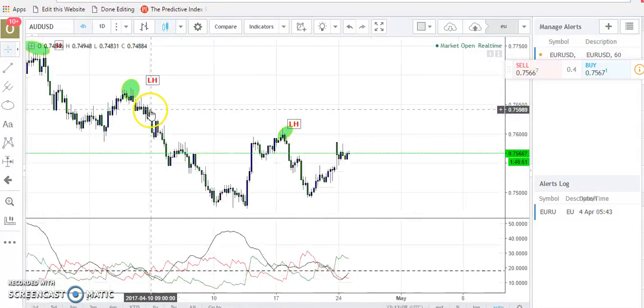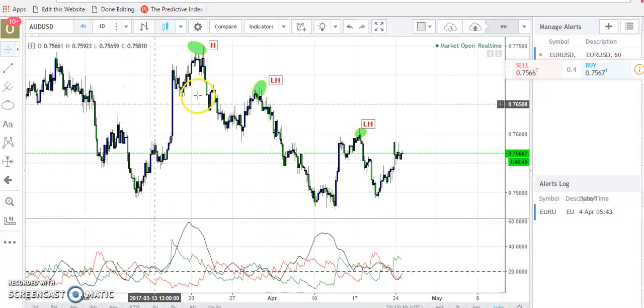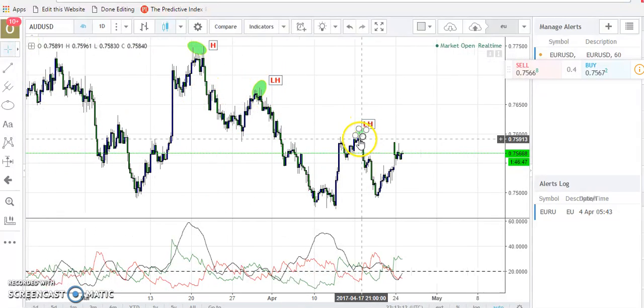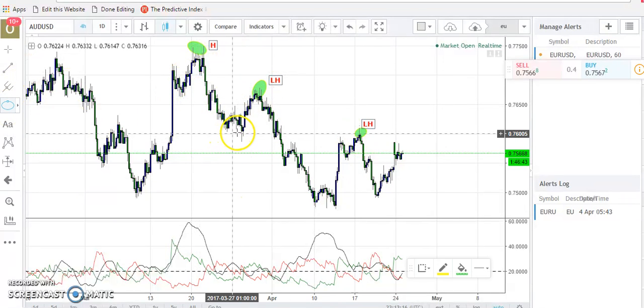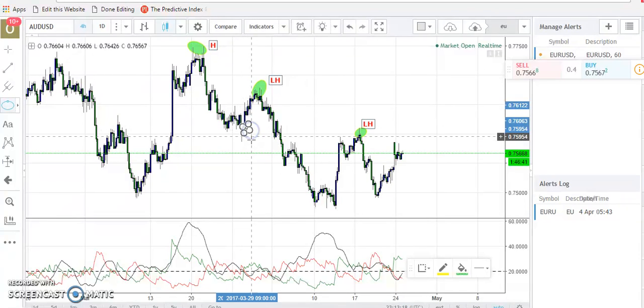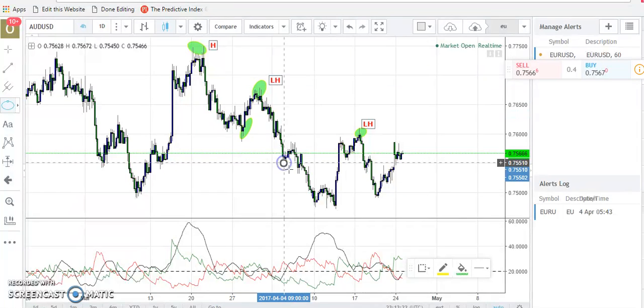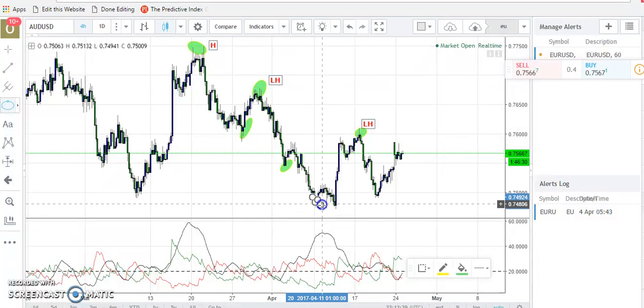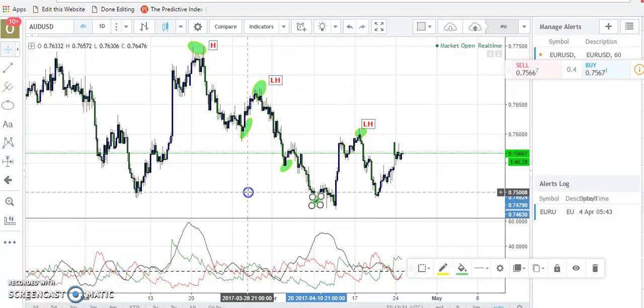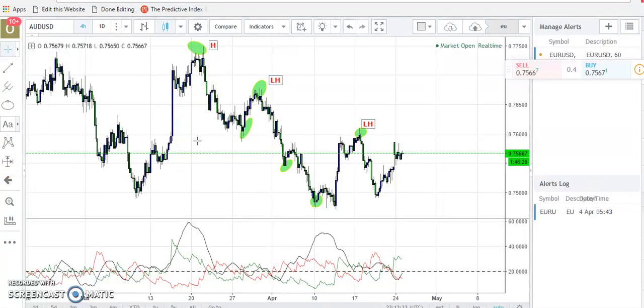So when the market is making lower highs, that's when you know that you're in a downtrend. And these little areas right here are lower lows. Okay, let's write this.